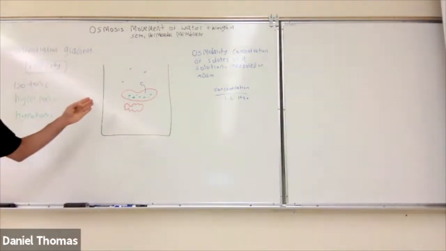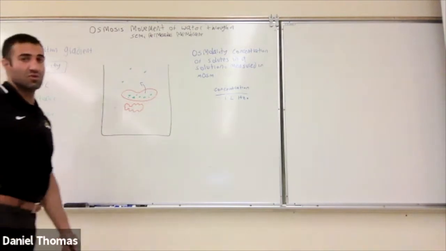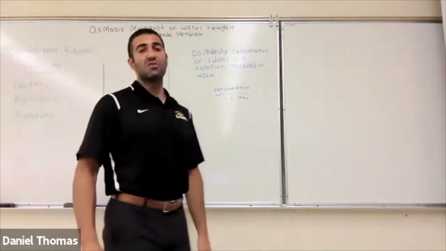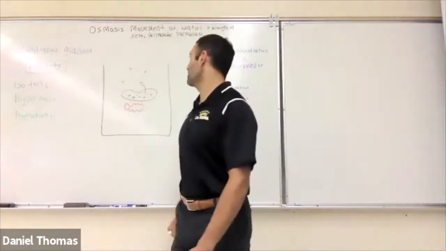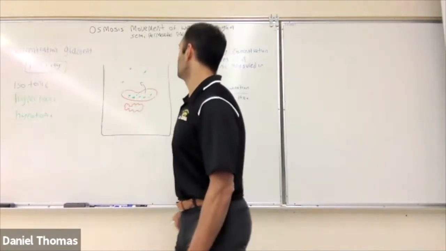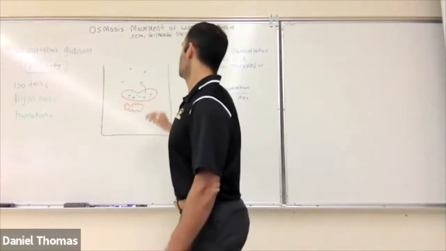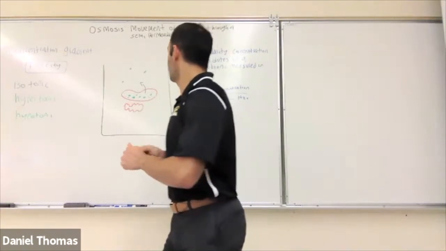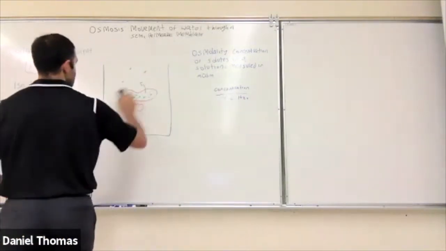The solution is hypotonic. That means the inside of the cell is more concentrated. The result is that water is going to enter the cell. So it's going to look like this.